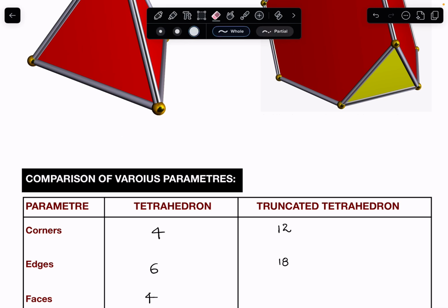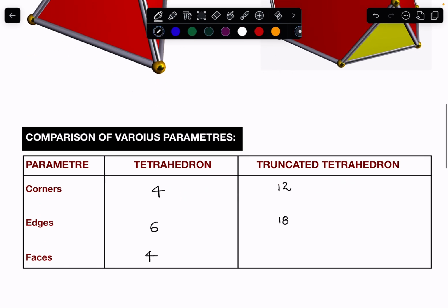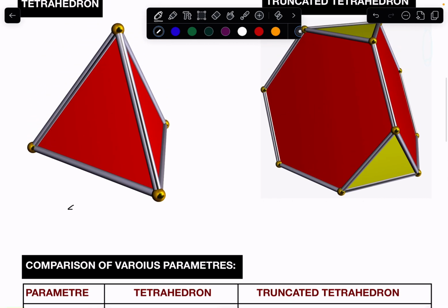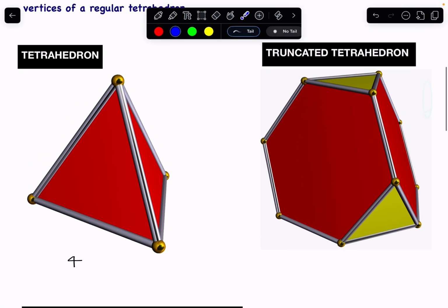And one more parameter we have to compare, that is the number of faces. You already know a regular tetrahedron has 4 triangular faces, and due to the truncation, what are they going to become, if you observe. Here one edge is produced, here one edge is produced, here one edge is produced.